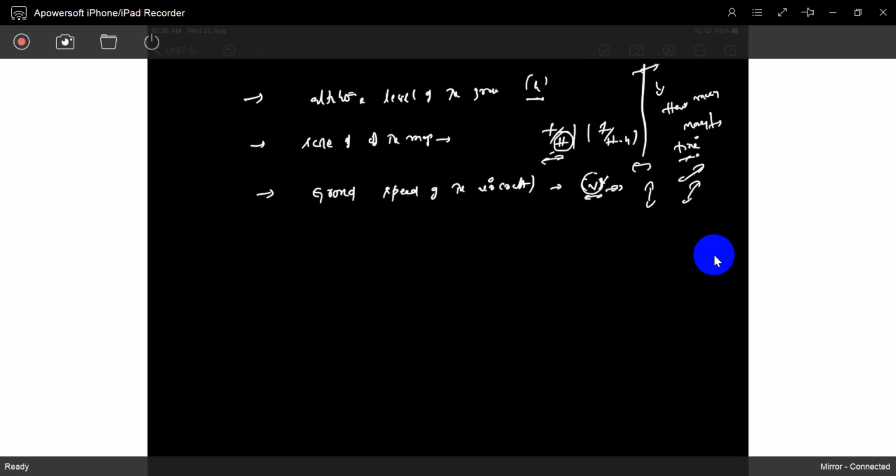So now we will solve one small problem. For flight planning, a total flight planning, one problem is there. I won't discuss it all, but just to find the number of photographs, I will solve one problem.